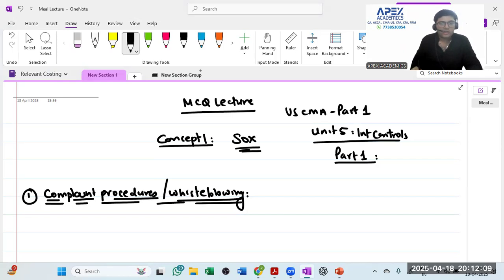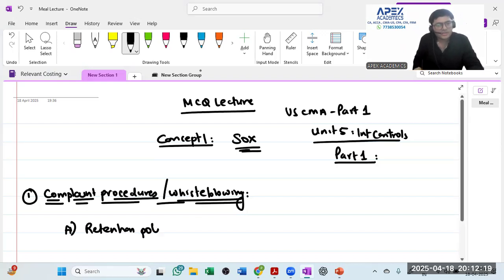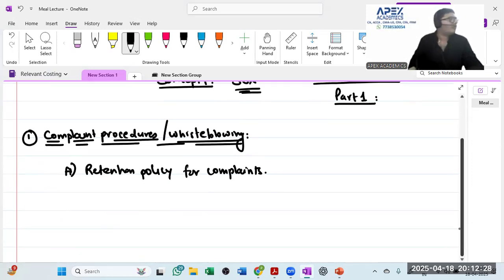So first of all, the complaints that have been listed down should have a retention policy. What is the meaning of there should be a retention policy of complaints?